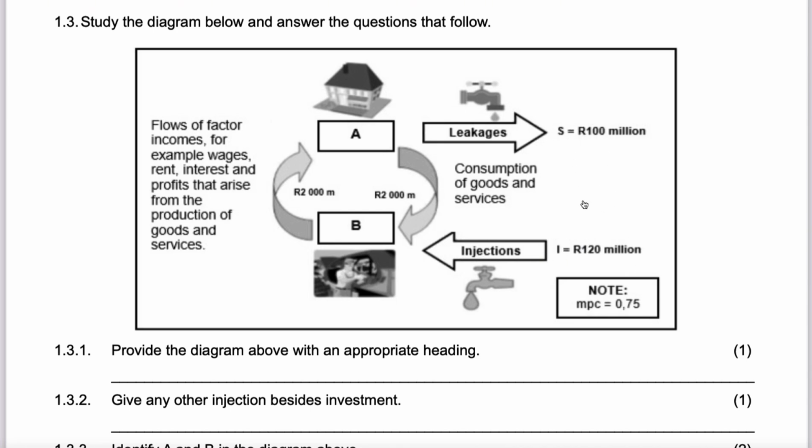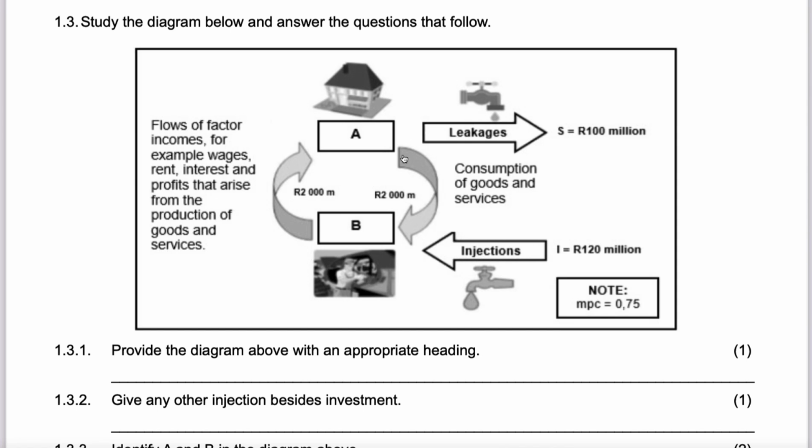So what we expect to see is growth in this particular economy, which is a 2-sector model, households and businesses. But let me confirm if it's households and businesses for sure. So I'm going to read here. Okay, here it says consumption of goods and services. That makes this businesses, because then this becomes households.